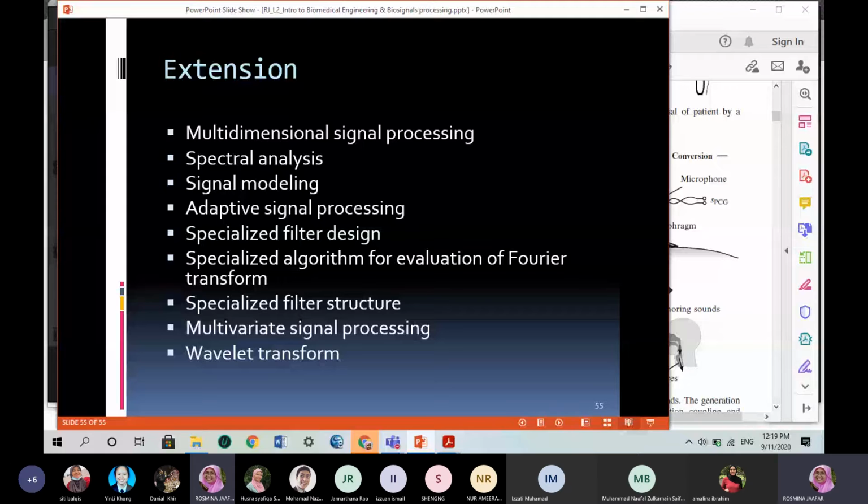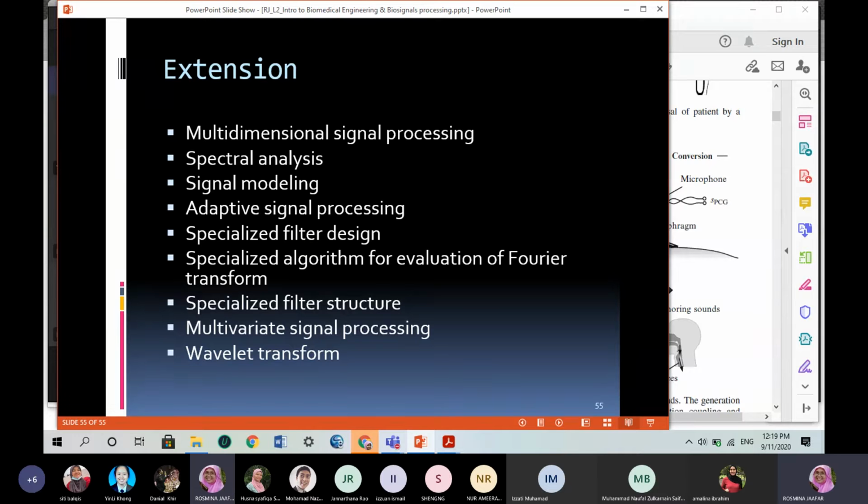Okay, the extension of signal processing, you can do many things. Multi-dimensional signal processing, you can do spectral analysis, signal modeling. Signal modeling, I already mentioned, but modeling is actually a big area.